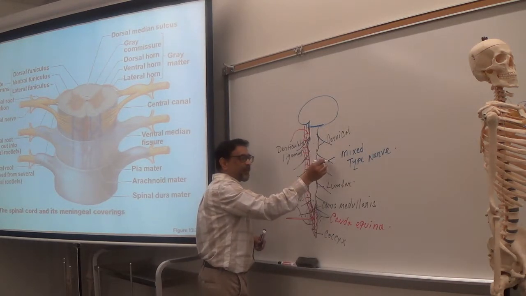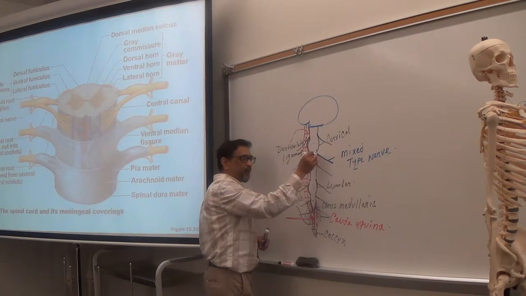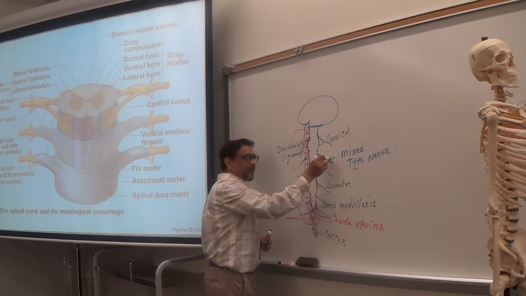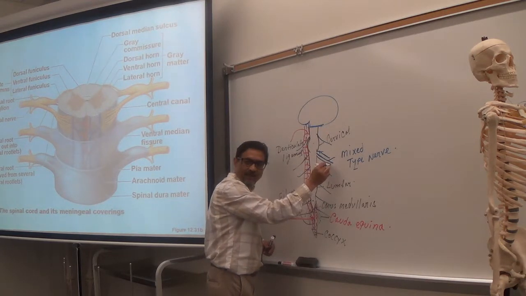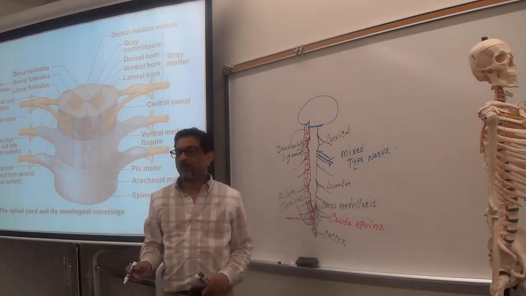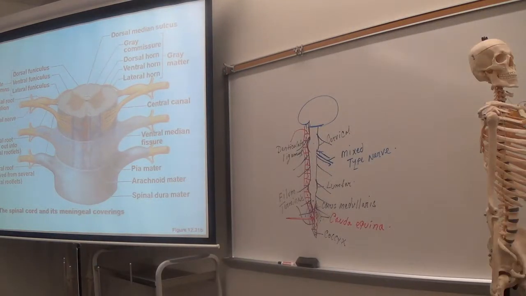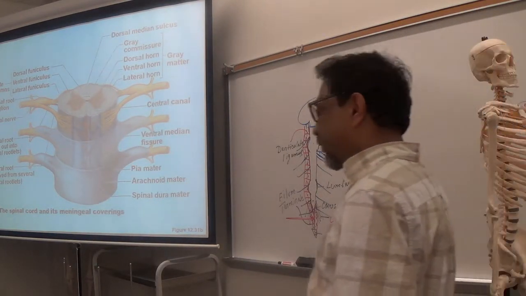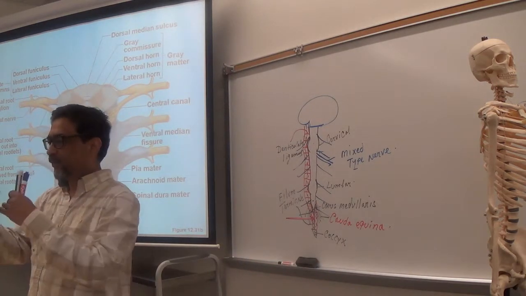Because it has both sensory and motor fibers inside it. Sensory fibers take the signal towards the brain. We know that, right? This way. And motor takes it away. Make sense? So inside the spinal nerves, you have sensory and motor fibers. So it's not purely sensory, not purely motor. Make sense? Both ways.